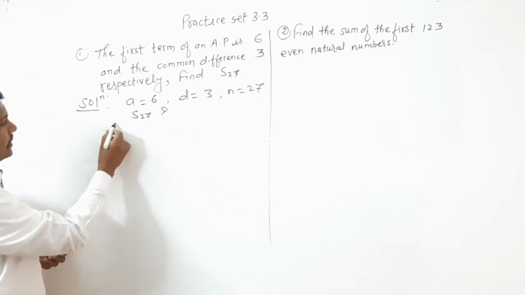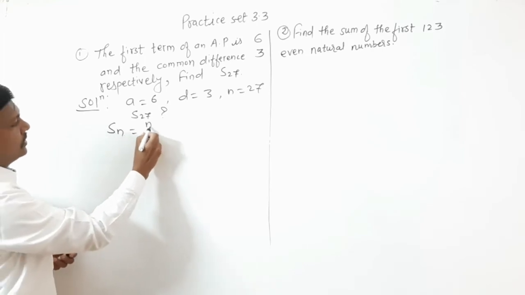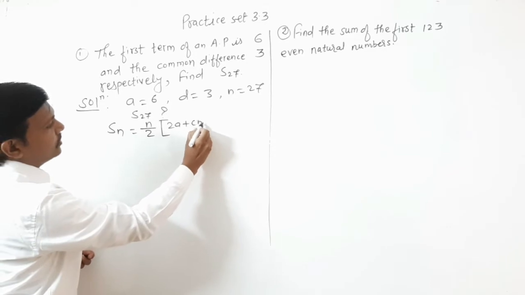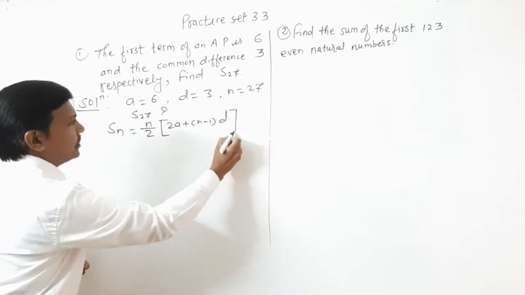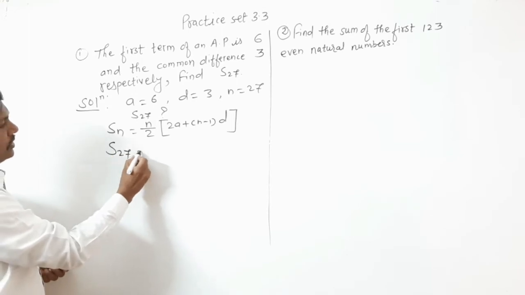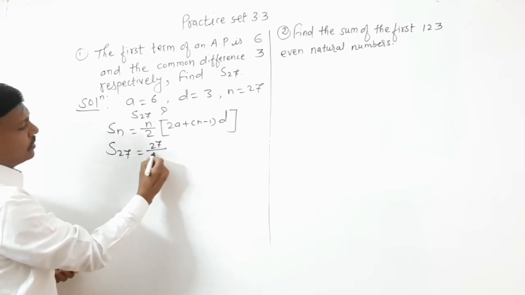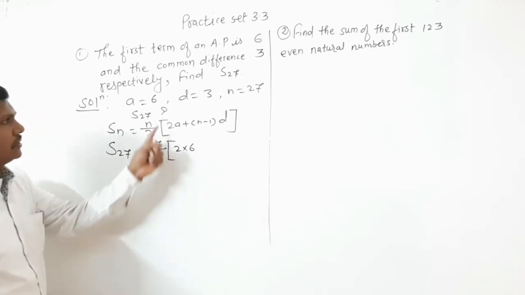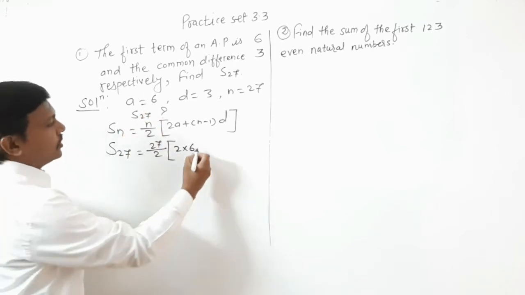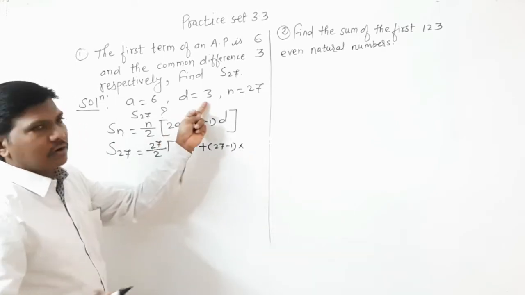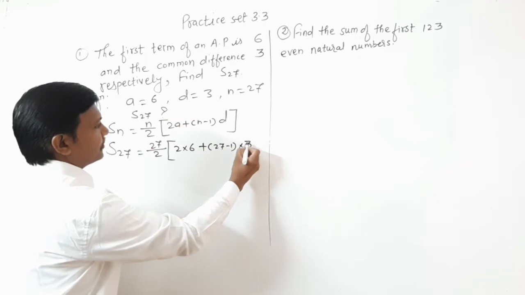We first write the formula Sn equal to n upon 2 into bracket 2a plus (n minus 1) into d. n is 27. So s27 equal to 27 upon 2 into bracket 2a, that is 2 into the value of a, 6, plus (27 minus 1) into d, that is 3.